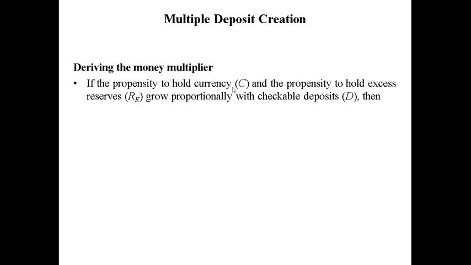If the propensity to hold currency, C, and the propensity to hold excess reserves, R subscript E, grow proportionally with checking deposits, then we can define the currency ratio as the amount of currency being held divided by the demand deposits.